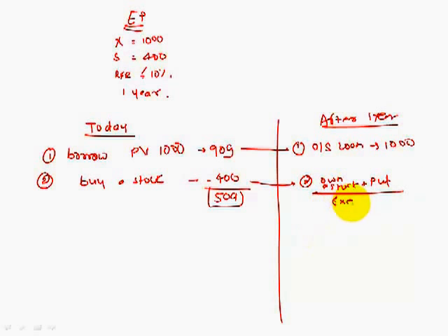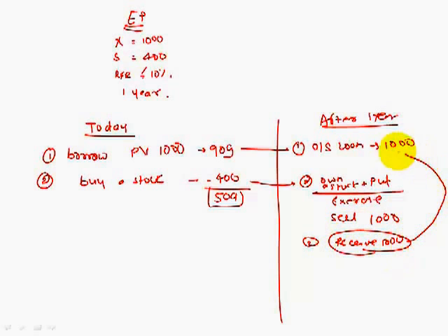Can you exercise and sell that stock at a price of 1000 irrespective of the price in the market after 1 year? So when you sell at 1000, will you receive 1000? Yes. And can you give this 1000 to the bank and say the transaction is squared off after 1 year? Yes. So which means at time 0, that 509 that was left with you is the value that you could extract out of that put option.